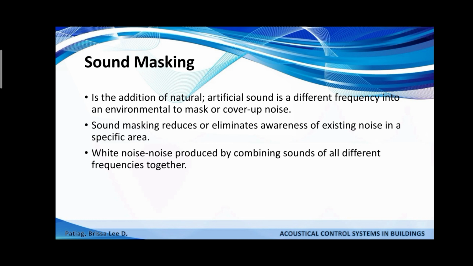Because white noise contains all frequencies, it is frequently used to mask other sounds. So, itong white noise, ito yung type ng noise na ginagamit natin to mask other sounds na hindi naman essential dun sa isang lugar. So, this illustrates a typical example of effect of background sound and masking undesirable noises.